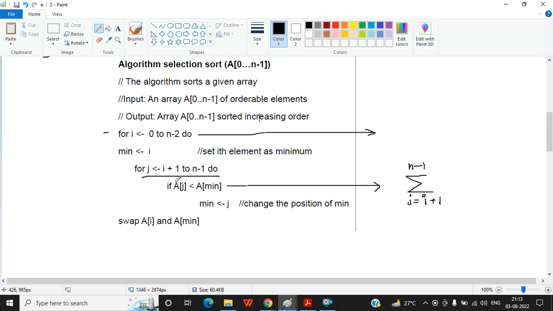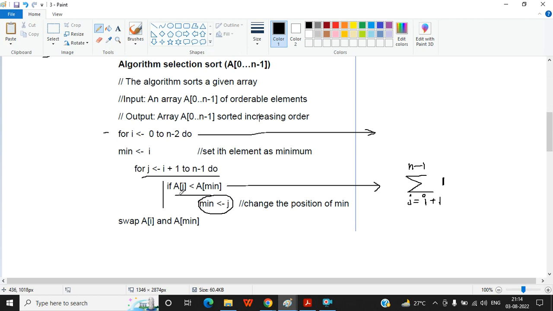For each i, how many statements are there here? Only one statement. You can ignore this one altogether, because this statement will not execute every time.